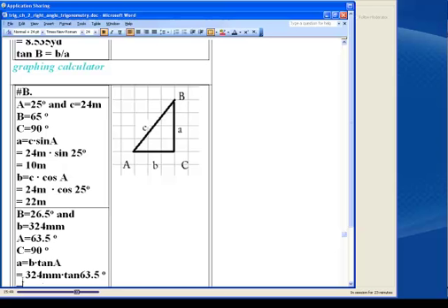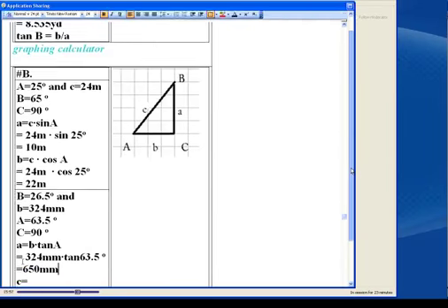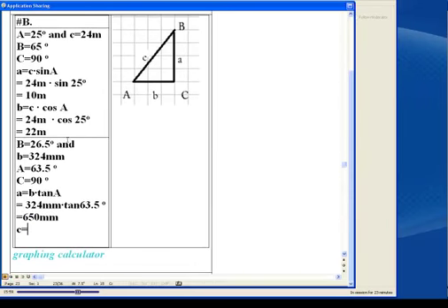Which comes out to 324 times tangent 63.5, 649.84, or rounded 650 millimeters, since it should be three significant figures.